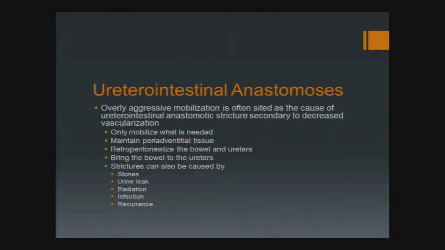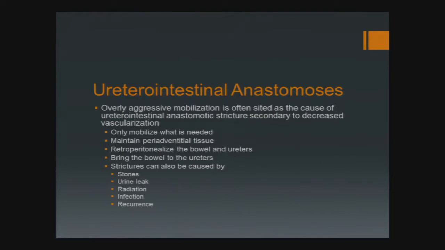So I touched briefly on strictures, and the most common thought cause for ureteral stricture is devascularization of the ureter. So we spend a lot of time in the operating room trying to think about how we can maintain as much blood supply to that ureter as possible.